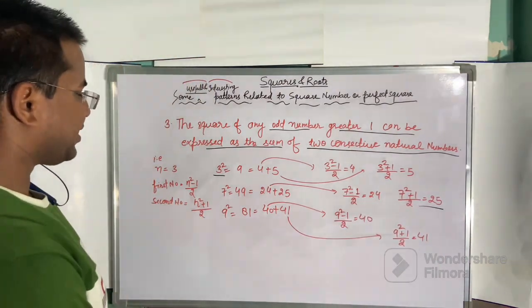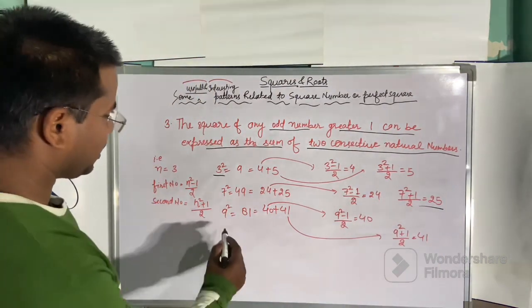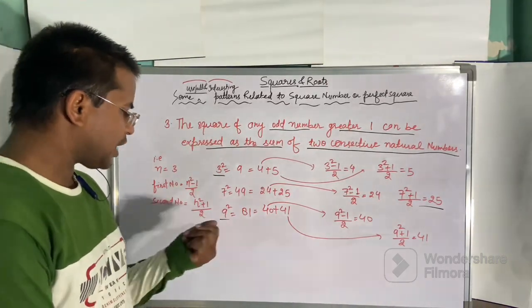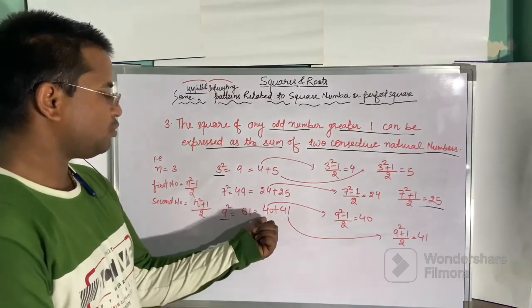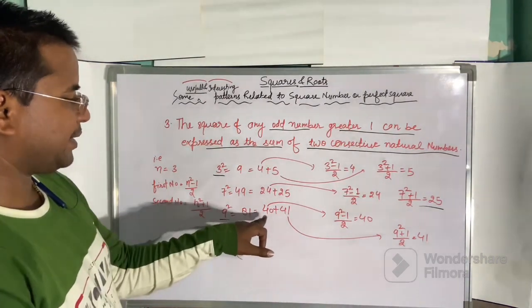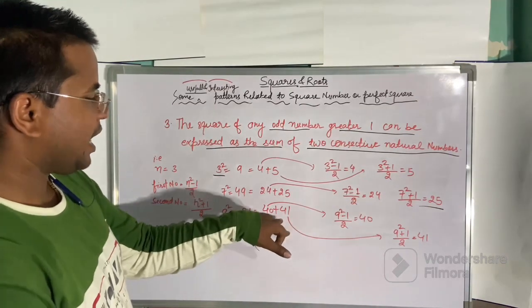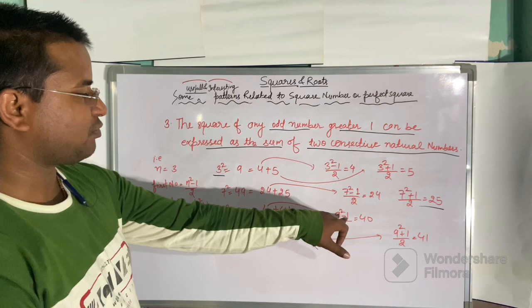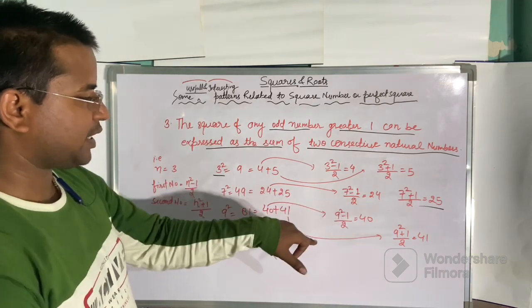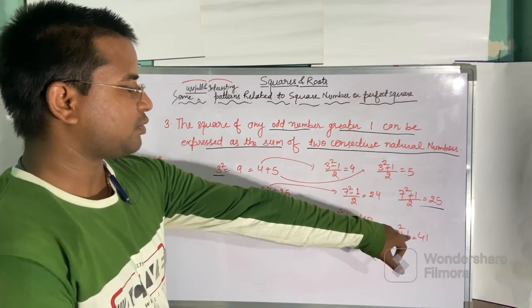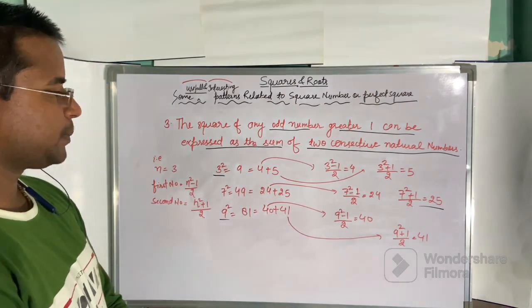This is another example. 9 is also an odd number, and it can also be expressed as a sum of two consecutive natural numbers. 9 square is 81. It can be written as 40 plus 41. How do we get 40? If we square 9, minus 1, and the whole divided by 2, we get 40, and 9 square plus 1, the whole divided by 2, we get 41.